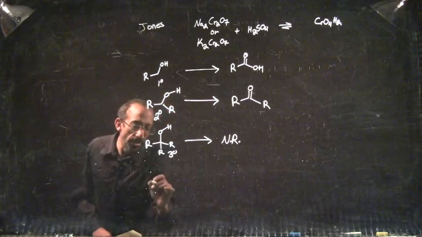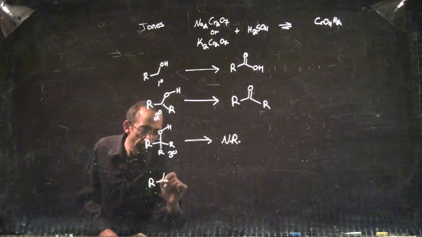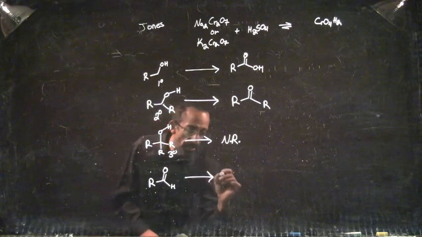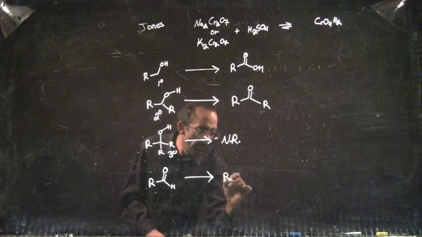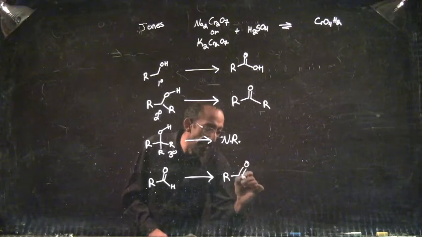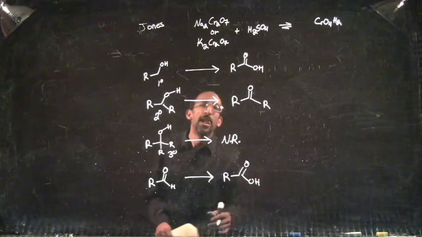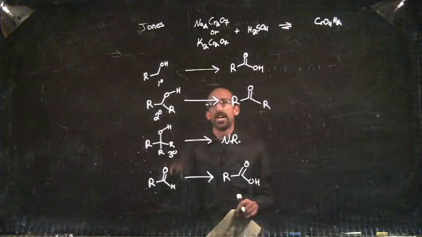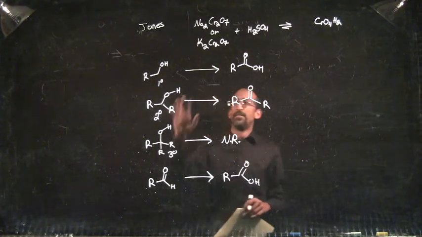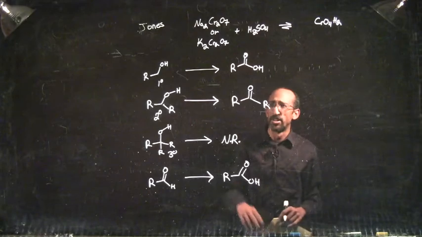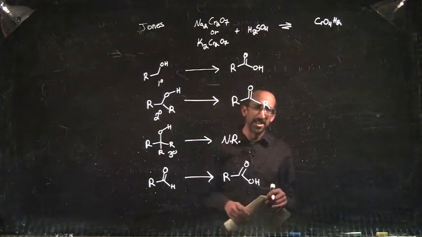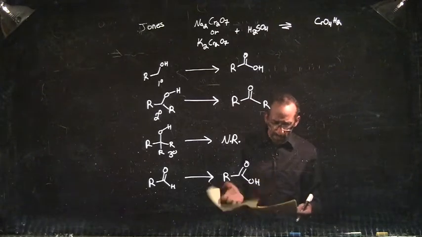And if we start with an aldehyde, Jones conditions will also take us to a carboxylic acid. Okay? So this is what I need you to know for the Jones, right? Be able to tell me what products form from what types of starting materials, or be able to fill in reagents. So that's the whole kit and caboodle for the Jones oxidation.